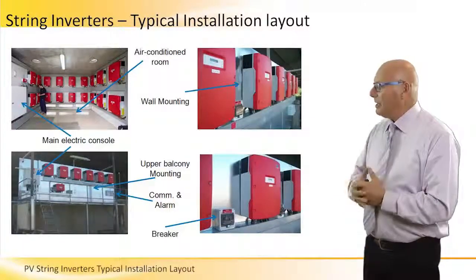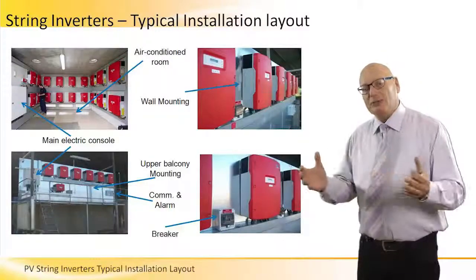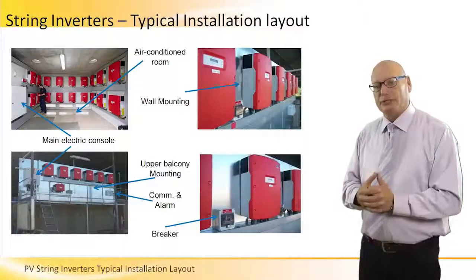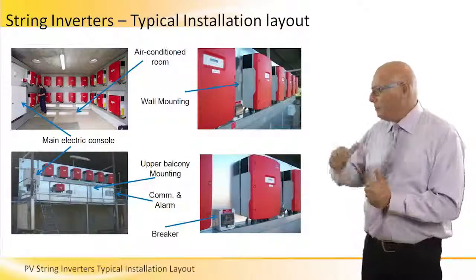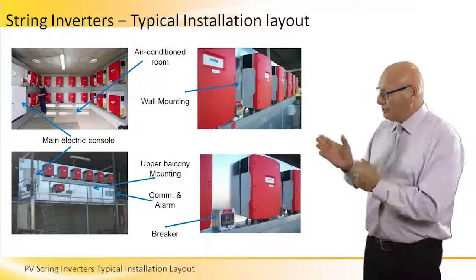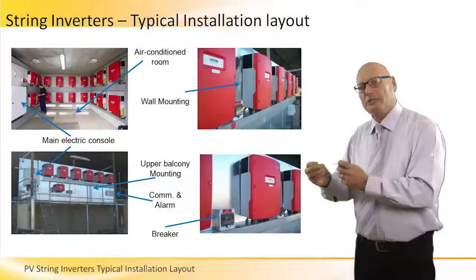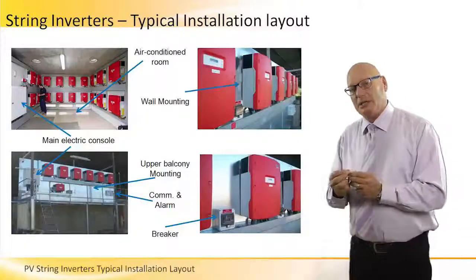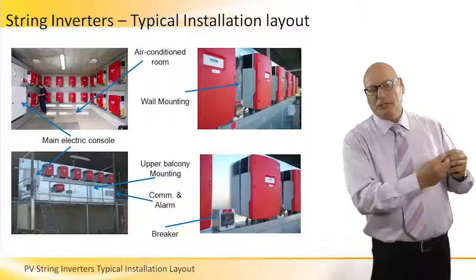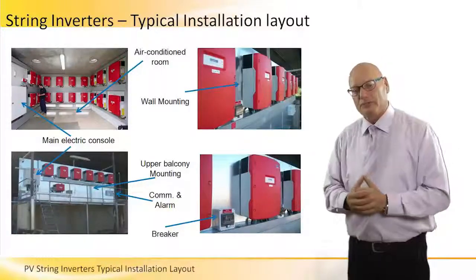On the bottom left picture, we see a different installation layout of string inverters. A line of string inverters up on a balcony, and on the left part of them is again a main electric console. It collects and combines all the AC electrical energy into one particular console and sends it out to the grid.